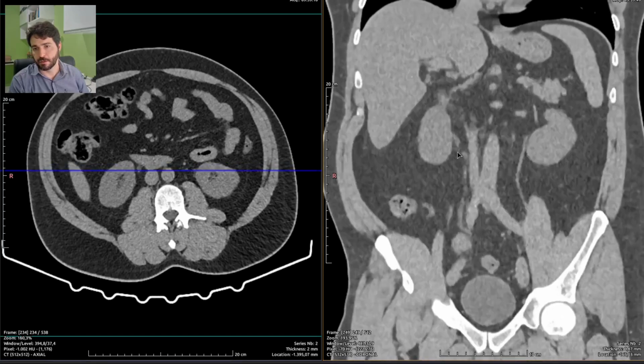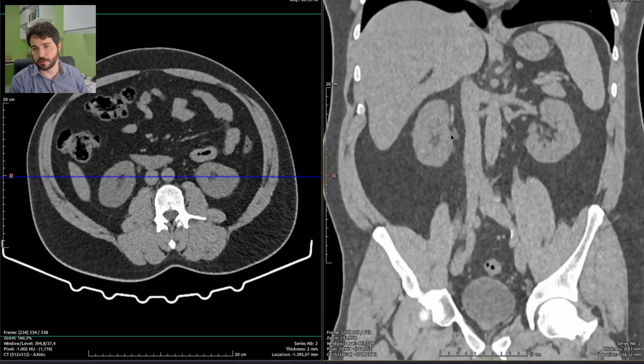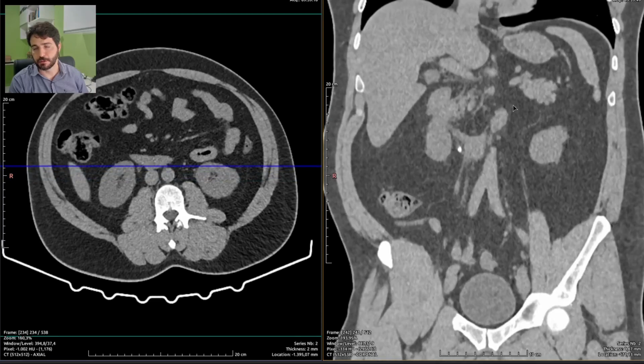So this is a pyelo-ureteral transition junction site.